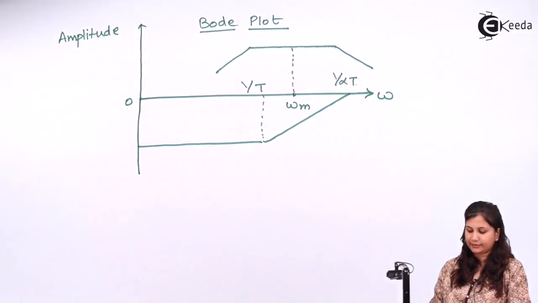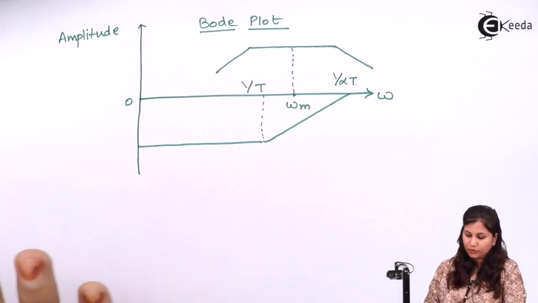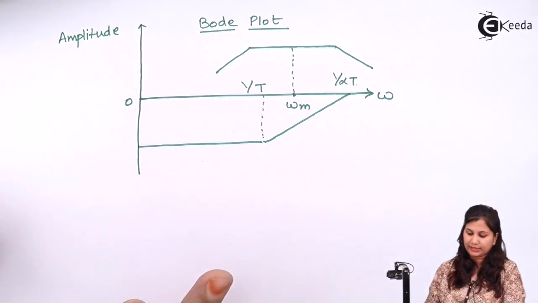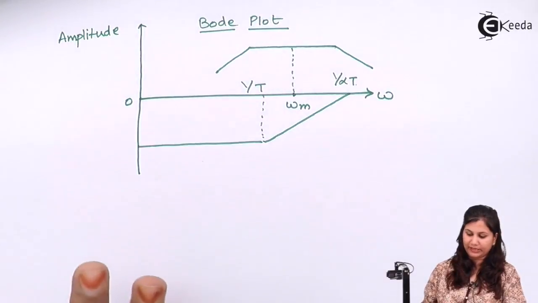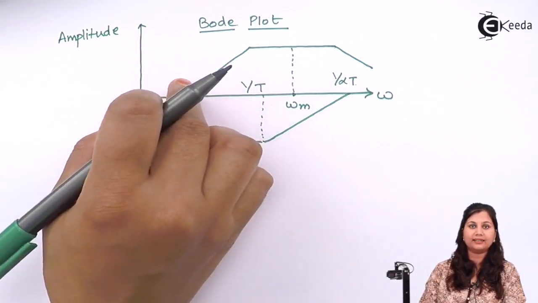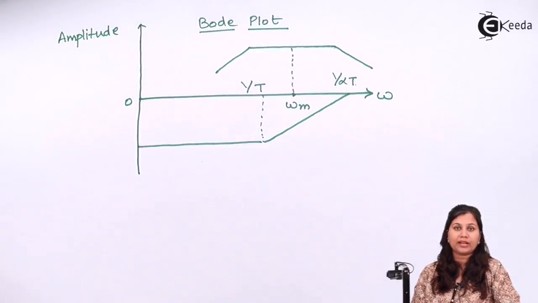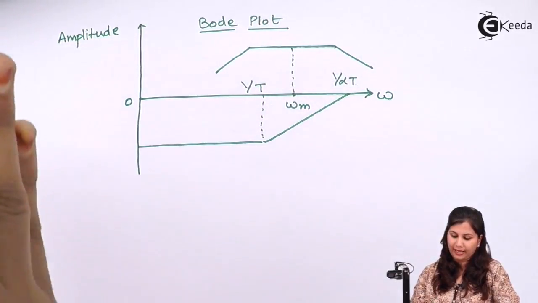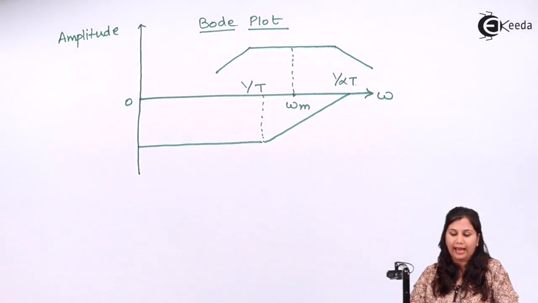It shows that the phase lead network allows the high frequencies to pass, but it attenuates the low frequencies. Only high frequencies are passed, low frequencies are attenuated. So this can be used as the high pass filter, that is, high frequencies are allowed to pass and low frequencies are attenuated.